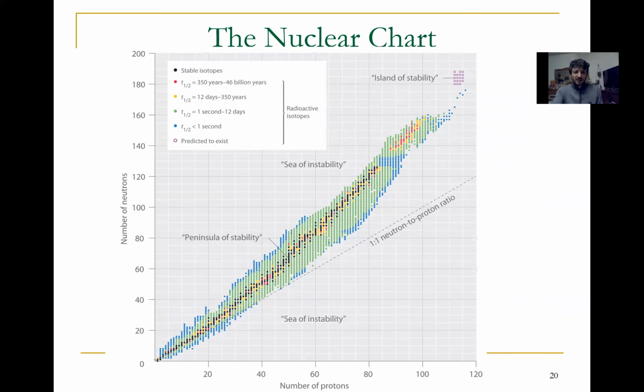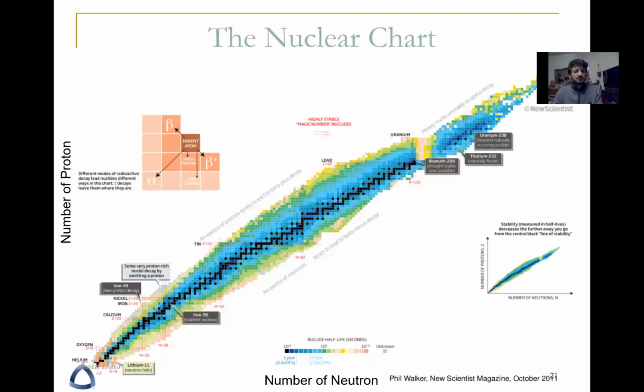Here, I show you the number of neutrons on the y-axis and the number of protons on the x-axis. In the next one, just as a manner of presentation, I present the number of protons on the y-axis and the number of neutrons on the x-axis. As I said, here we have many regions.